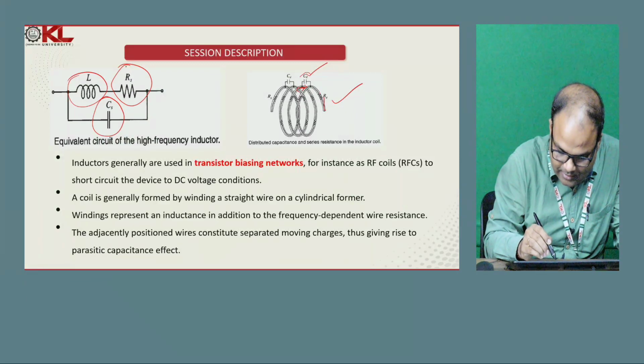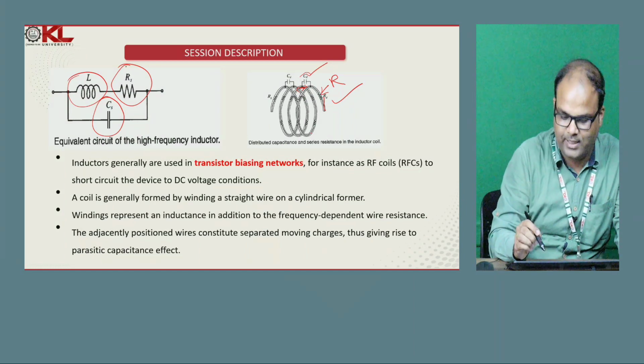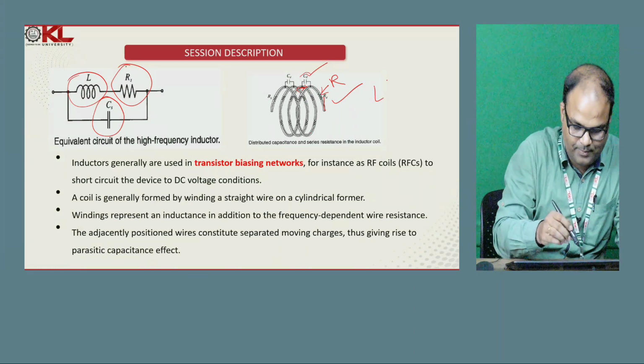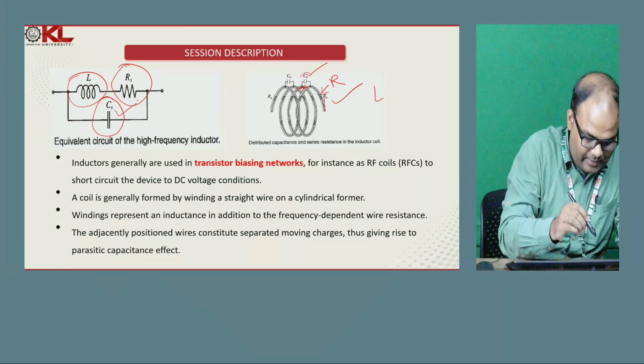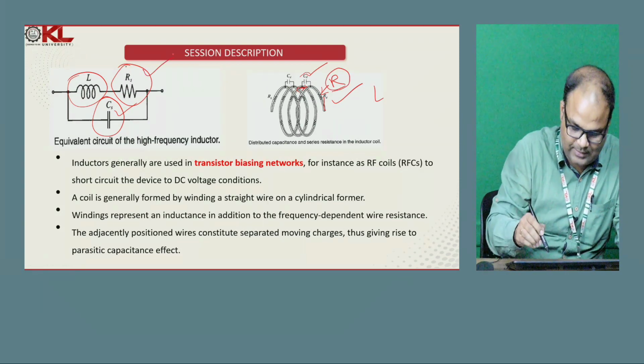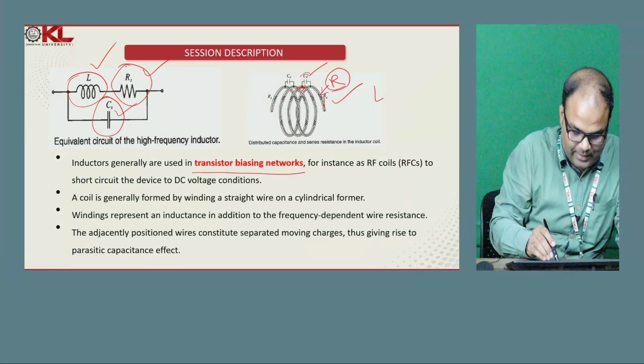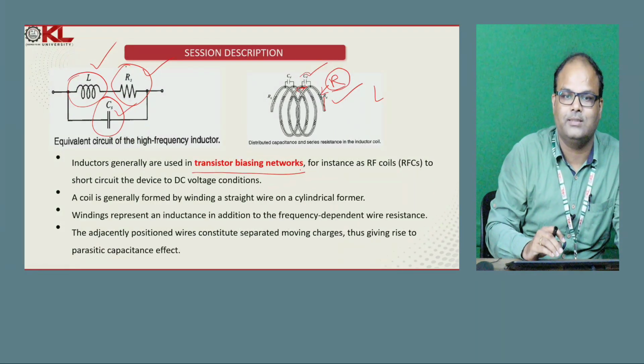If it is a conductor, the resistive effect comes into existence. And L means it is itself an inductor, giving the inductance. It is generally used for the transistor biasing network.